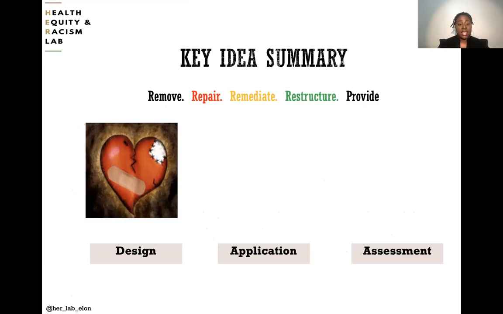With the design, again, you're focused on the removal of that mask, the repair of that heart that has been broken several times, and putting the tarp over the roof to reduce that risk in the moment, which should never be a standalone intervention, as you're also working on figuring out that puzzle, that system, that institution, that organization, and how to restructure it so that you are providing evidence-based practices and making it accessible to the populations who need it. And you're considering many of those factors that fall across the remove, repair, remediate, and restructure domains of the framework.